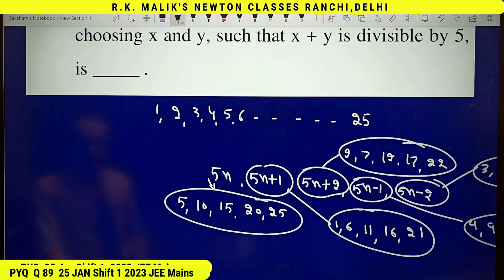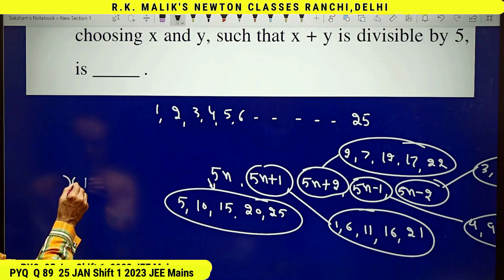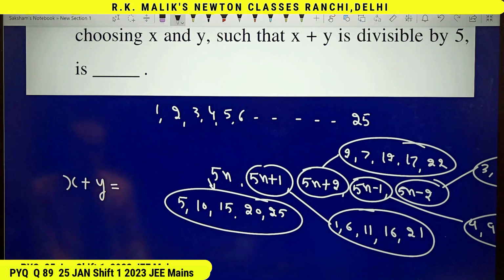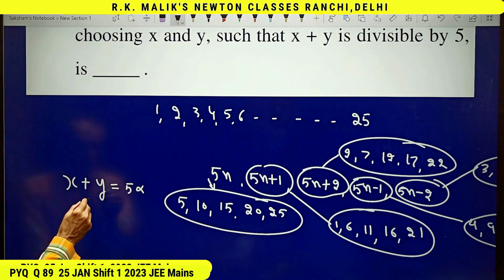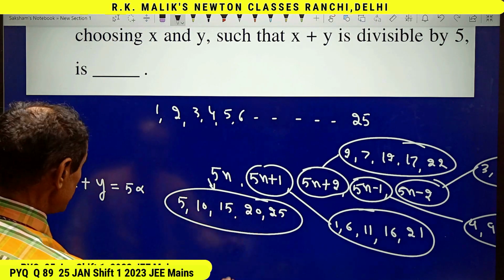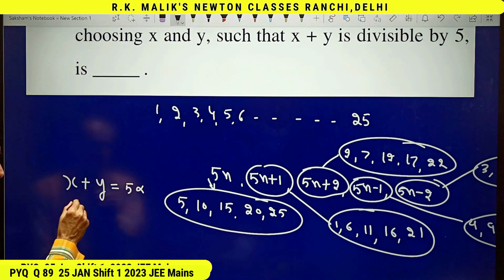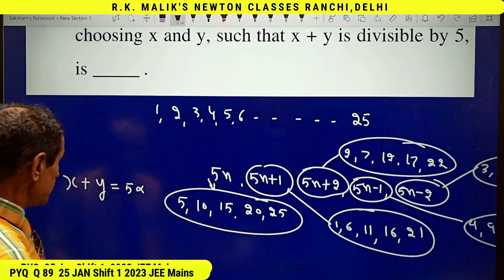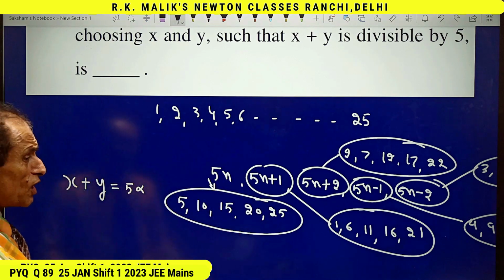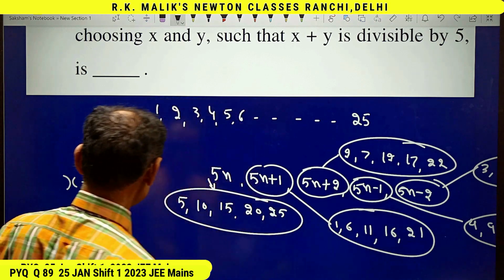And now the question was, we have to find the number of ways in which x and y can be chosen so that x plus y is in the form of 5 alpha, that is multiple of 5. The sum will be of the form 5 alpha either when both x and y belong to this category, or if x is in the form of 5n plus 1, then y should be in the form of 5n minus 1.